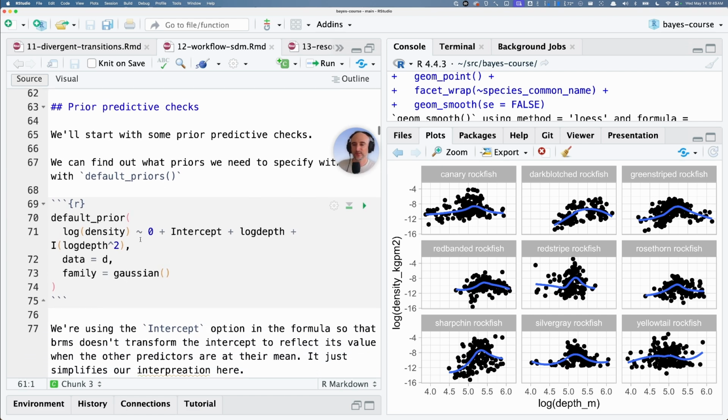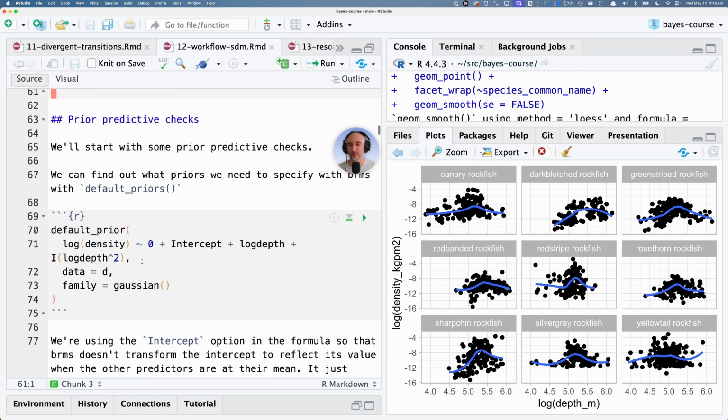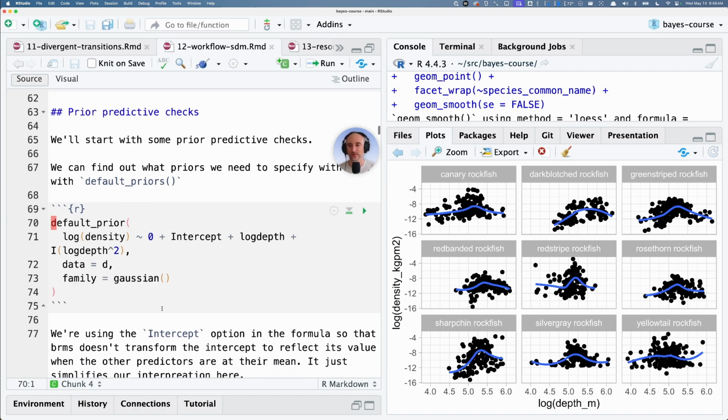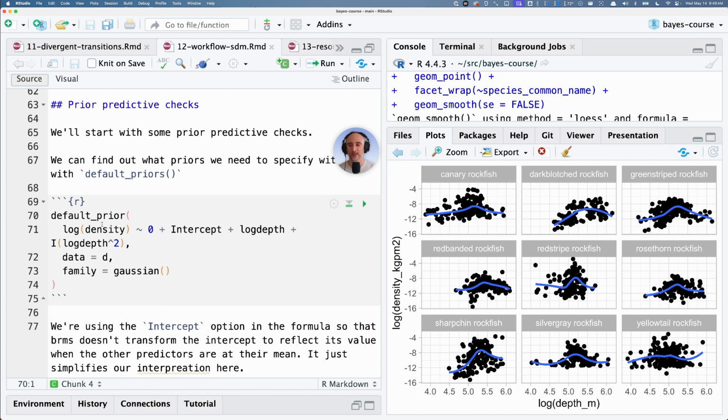So we looked at this before with BRMS. An easy way to figure out what priors BRMS is going to use is to run default prior on our formula. So we're going to be modeling the log of density with an explicit intercept, so it's not doing the mean centering inside the model as we talked about.